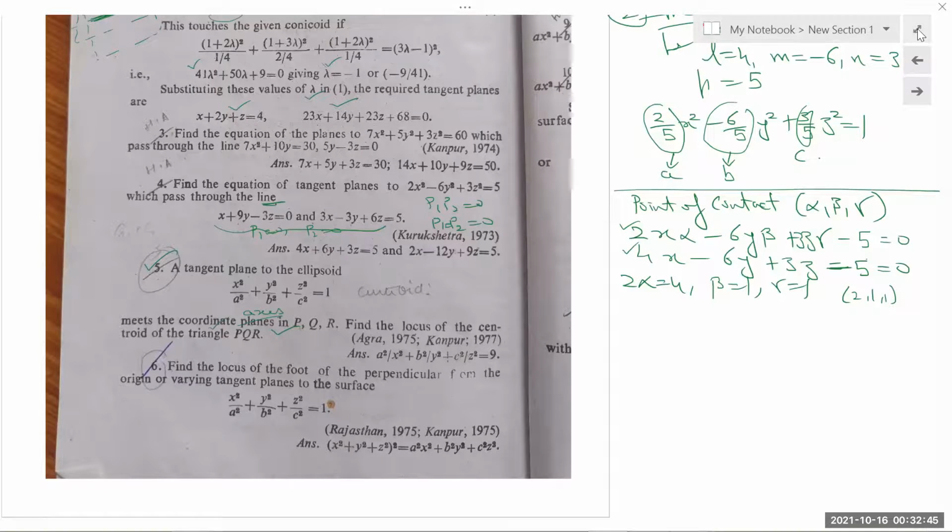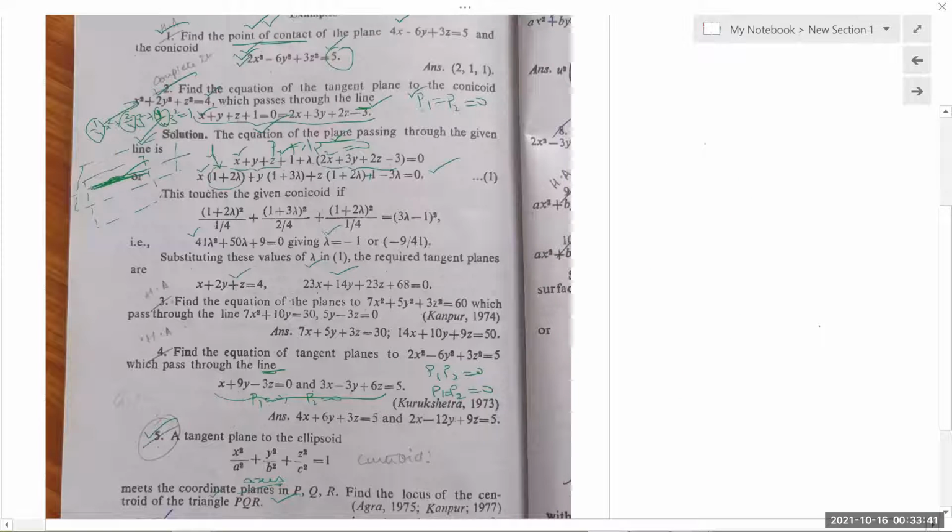So to do question number 5, actually a tangent plane to this ellipsoid.